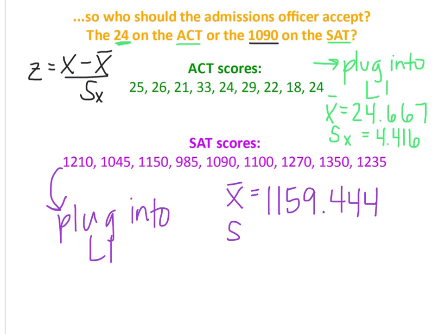And the standard deviation is 116.604. So now I can use this data and this data to find the z-score for 24 and for 1090.